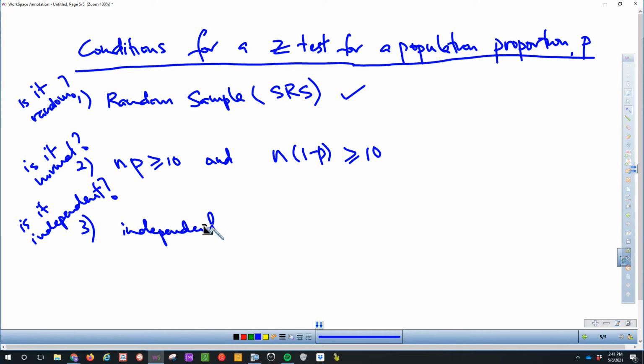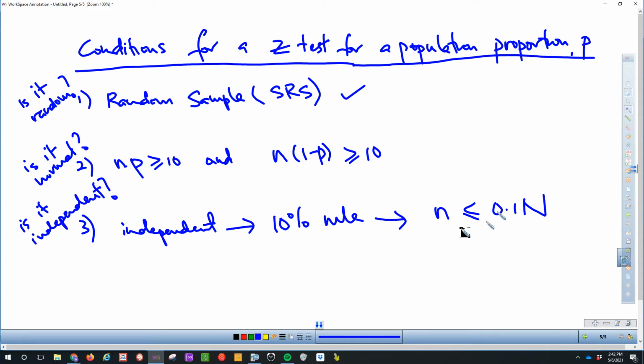If they did not say that the samples are independent, you need to do the 10% rule. The 10% rule says that your sample size has to be less than or equal to 0.1 of the population size.